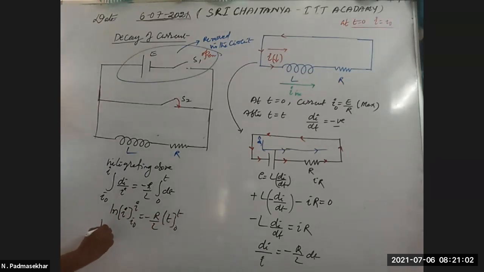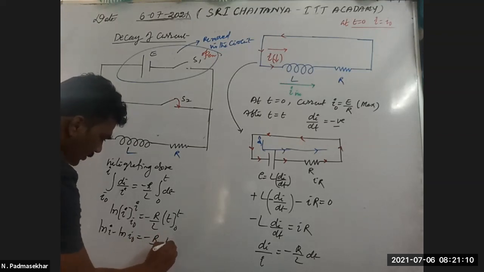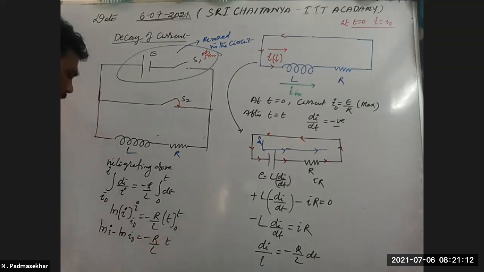The integral of di by I is ln I. So ln I minus ln I naught is equal to minus R by L into t.